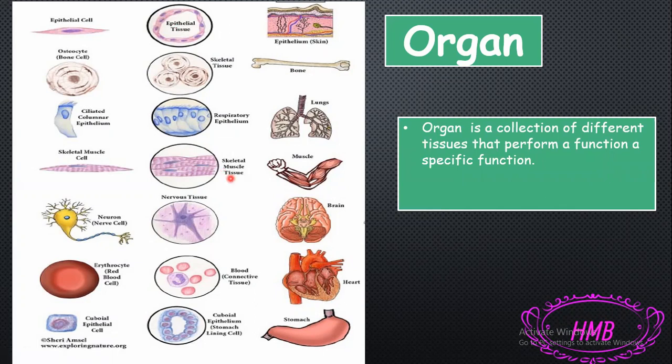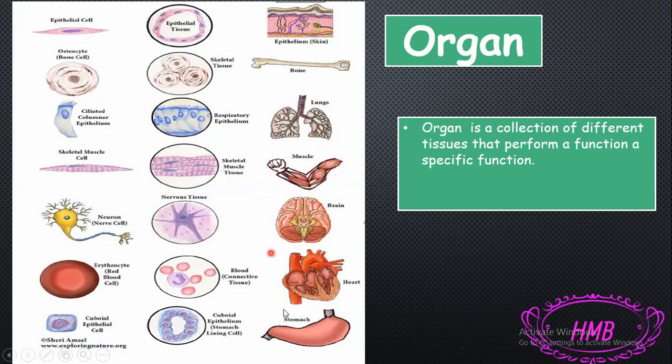If another tissue comes and joins this tissue, for example, the nerve tissue comes with the muscle tissue, and bone tissue comes to join with the muscle tissue, in this case, I have three different tissues: muscle tissue together with bone tissue, together with nerve tissue. When these three different tissues are joined together, they will make an organ. This organ, I can call it lungs, I can call it the muscles that are in my arm.